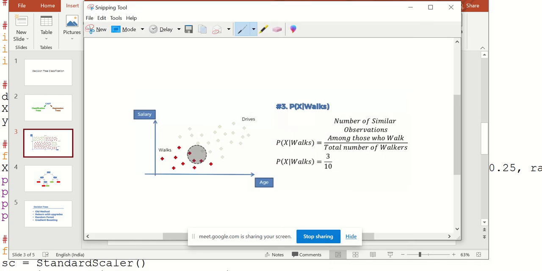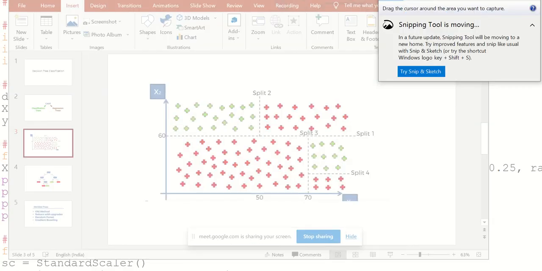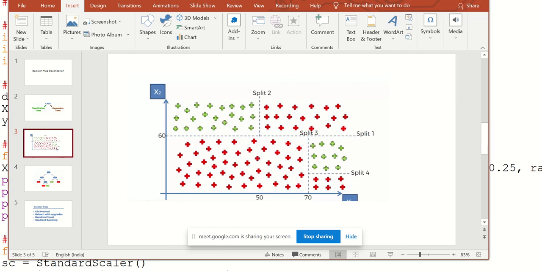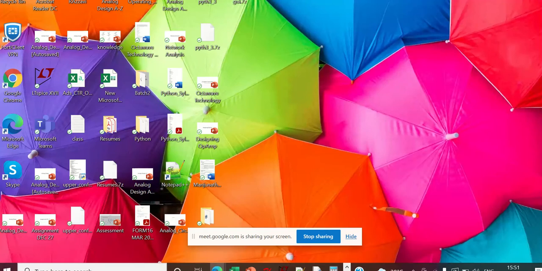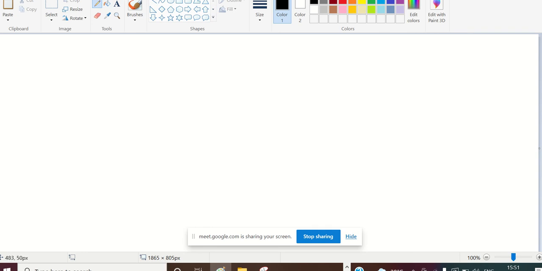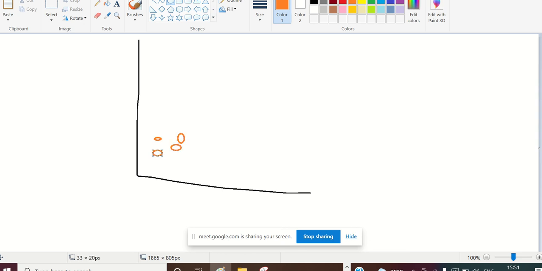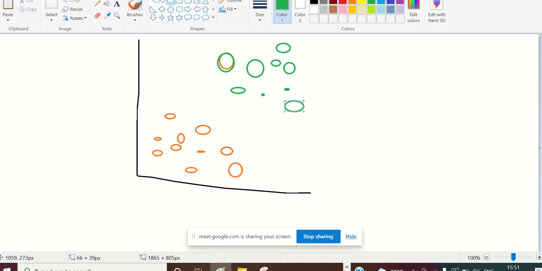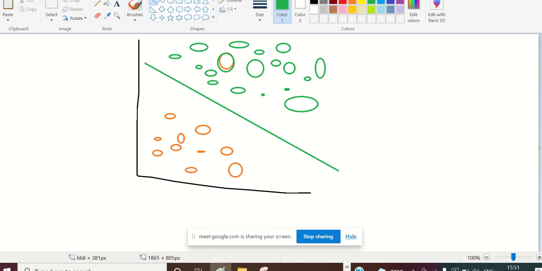For example, if there was this line and imagine these are all yes cases and these are all no cases, then it was a very simple task of drawing a line to classify between yes and no. But now your data has changed.